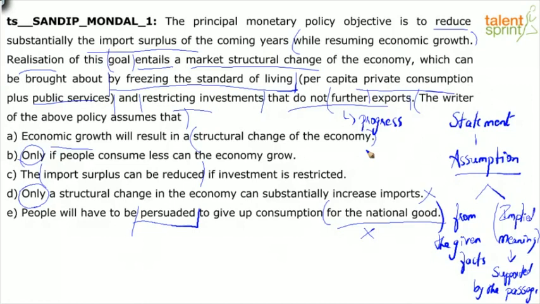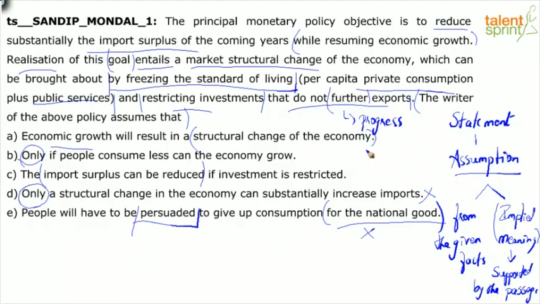I'll tell you why. Because any growth will definitely result in a change in the economy, right? But what about C? The import surplus can be reduced if investment is restricted. This is one of the ways in which it can happen, but I am going to just fall back on the passage.